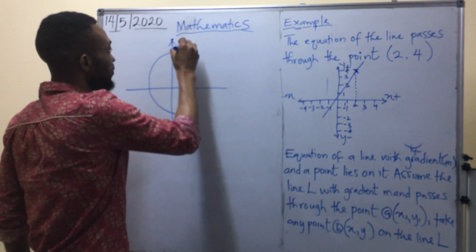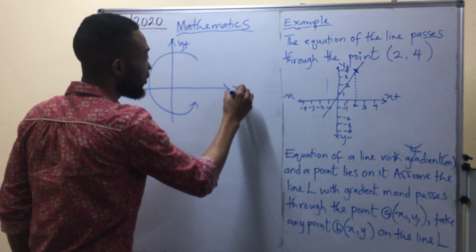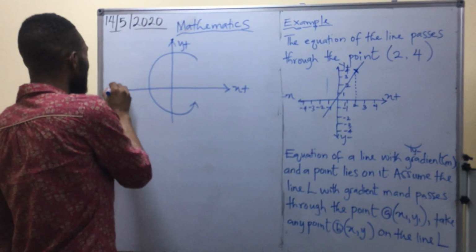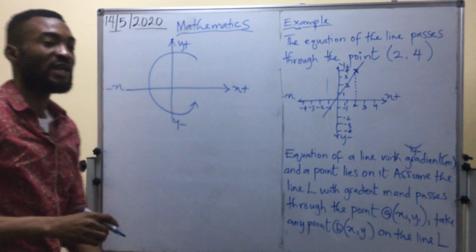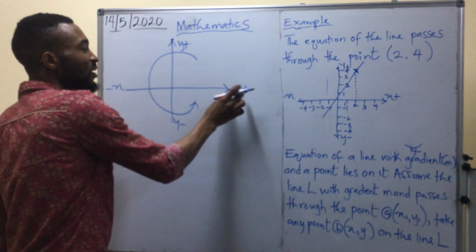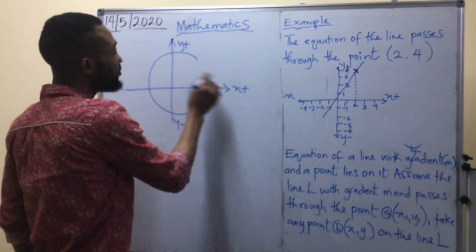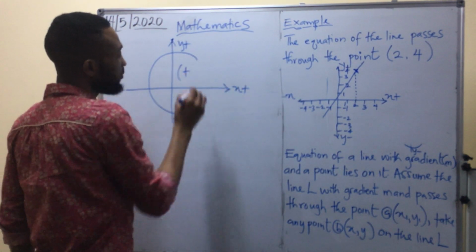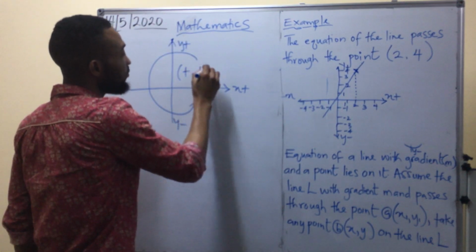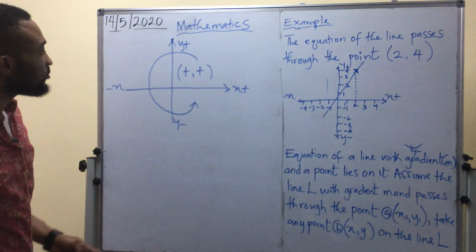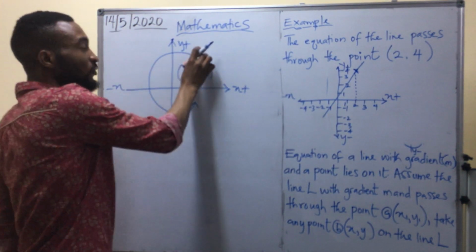Here we have y plus, x plus, x minus, and y minus. So our value for x here is positive, and our value for y here is also positive. This is the first quadrant.